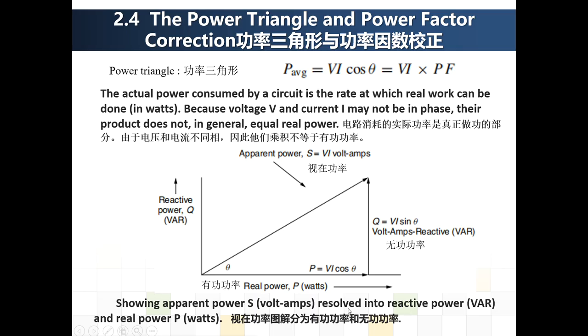And the real power is actually the real work. The reactive power is needed to be able to deliver the real power, because they have to generate the magnetic field to enable the power to transfer through those transmission lines.